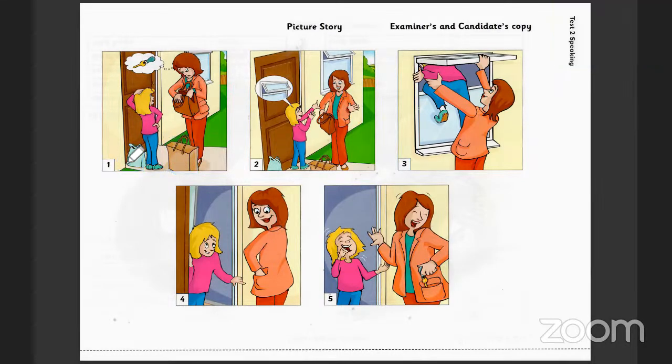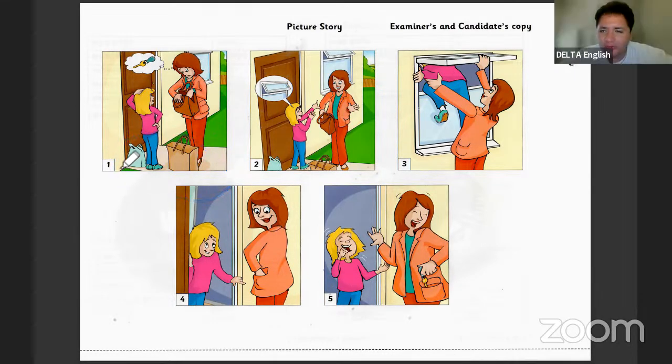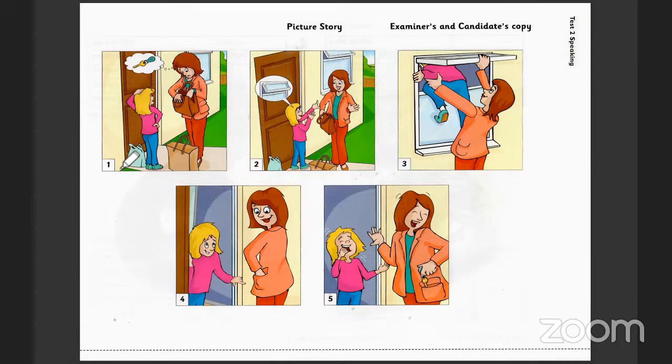Bags. Well, what are those bags? Where do you think they went? Supermarket. Okay, so they are shopping bags, right? Yes, try to include that in your story. Pay attention to those elements.